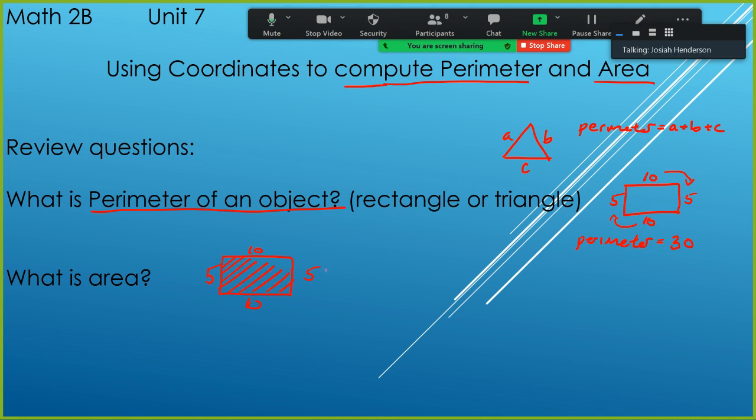So how do we answer that? It's the space inside. It's how much flat space it takes to form that shape. How much space is inside.